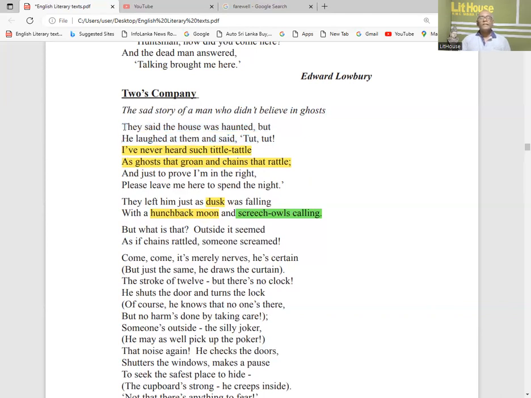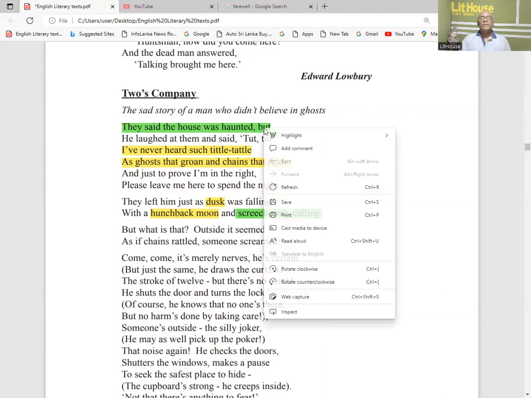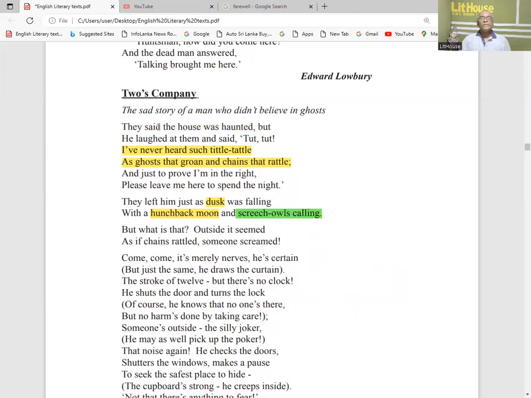Now quote the first line. They said the house was haunted. Got it? Now let's see examples for internally rhymed sounds. Said, underline the haunted, the house, was.